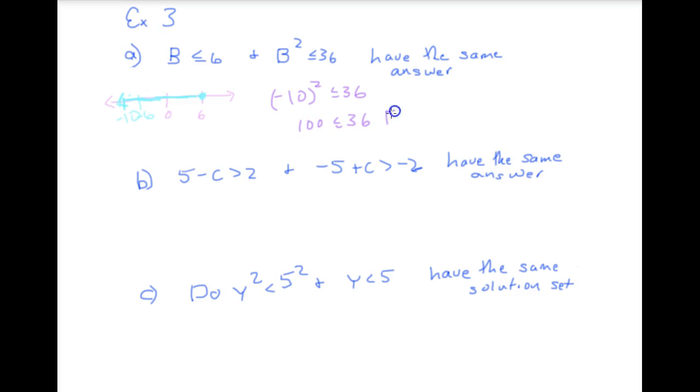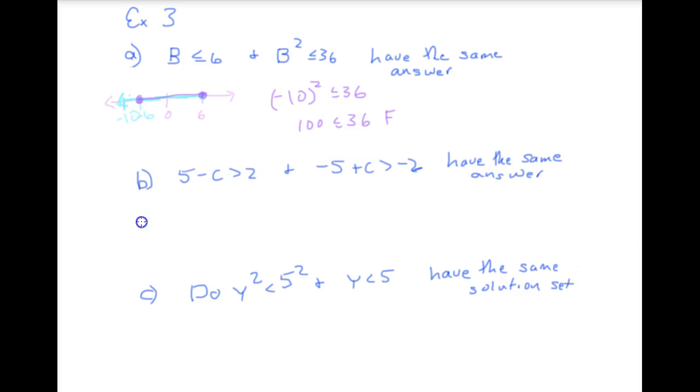I don't think so. We got false. So we find out that any number less than negative 6 would not work. Negative 6 times negative 6 is 36. Negative 5 is good. So with the square, we get a limit on the answers that are good, leaving us with a lot of extras for this one. So they do not have the same answer.